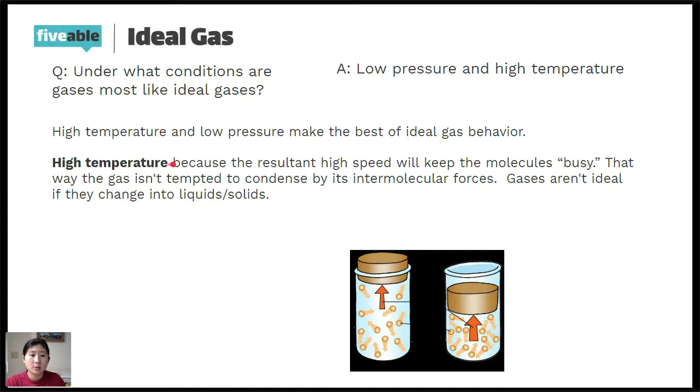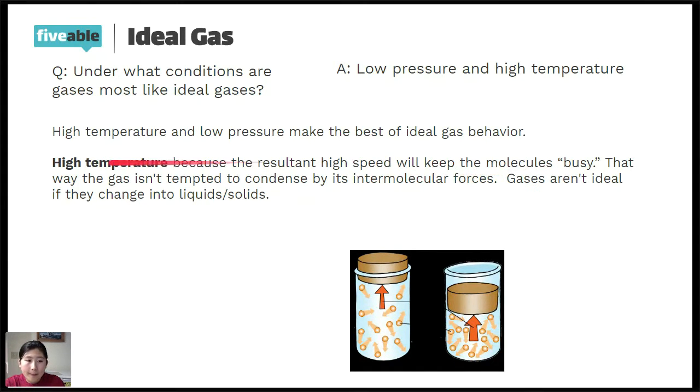So high temperature will keep the molecules busy so that they're not tempted to condense because of their intermolecular forces. Gases are not ideal if they change into liquids or solids, right?